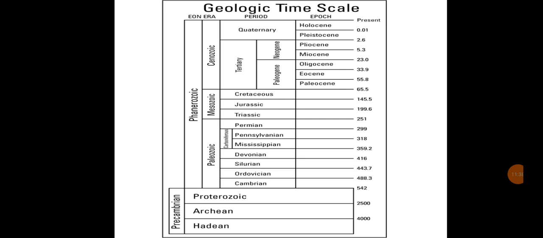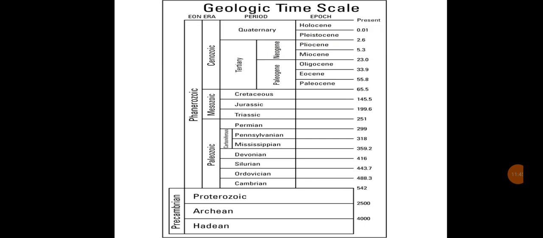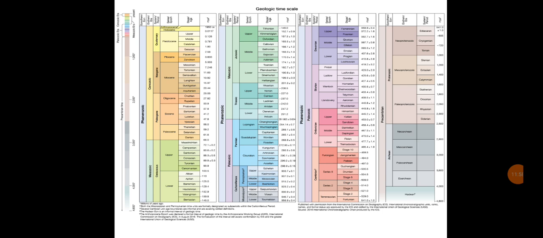These different eras consist of the various quaternary periods and the epochs, during which, billions or millions of years ago, certain plants and animals originated, survived and were dominant on the earth surface. Here, this diagram also shows the geological time scale and during which geological time the plants and animals became dominant on the earth surface.